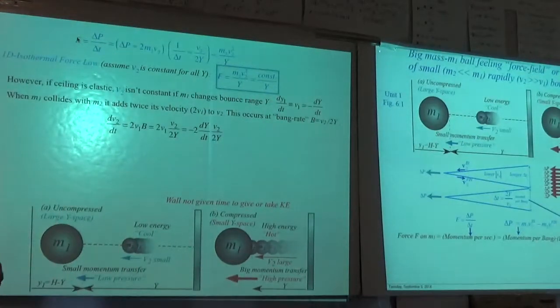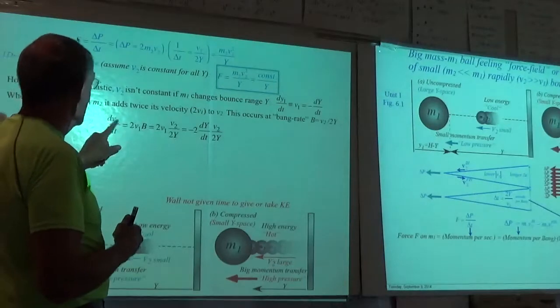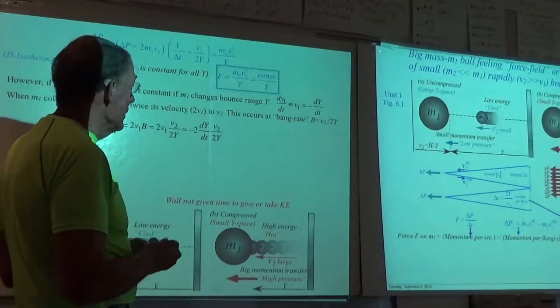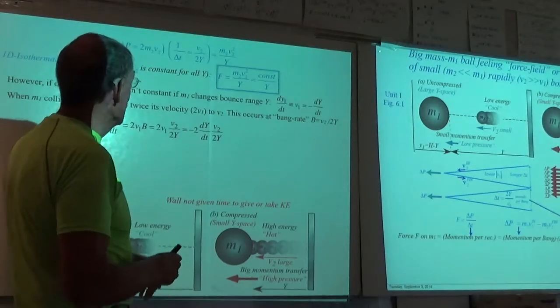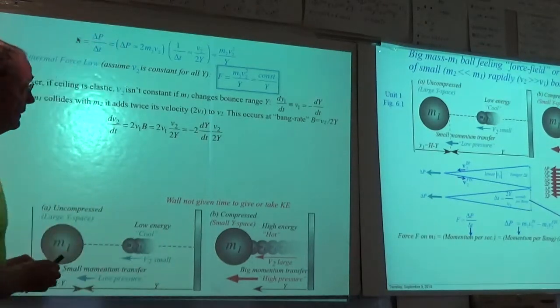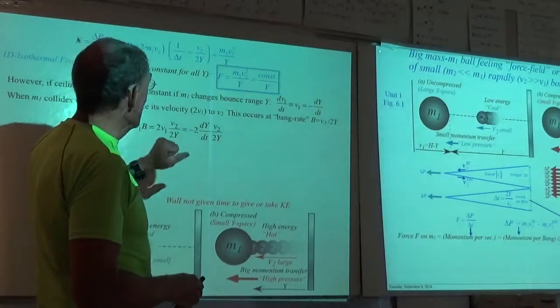Okay, so we have dv2, v sub 2 with respect to time, equal to this 2v1 times the bang rate. And the bang rate v2 over 2y gives you that.